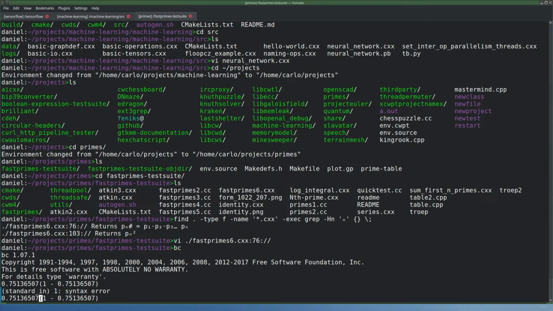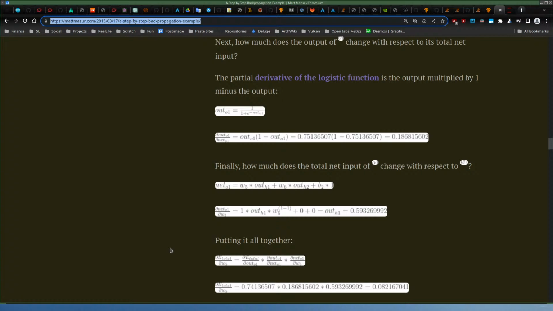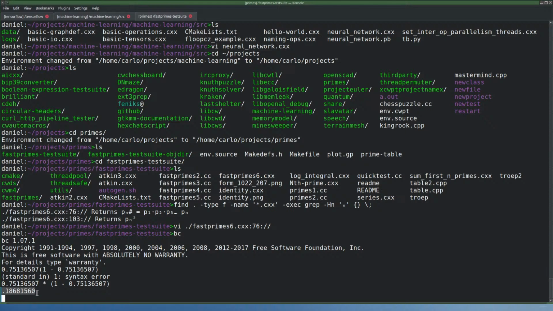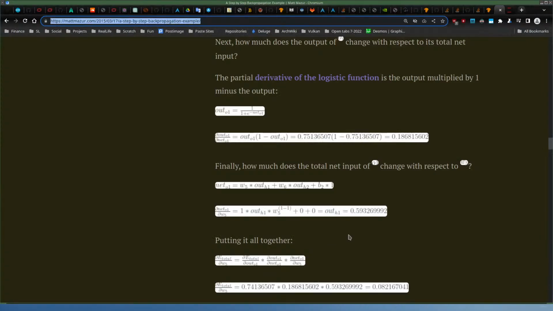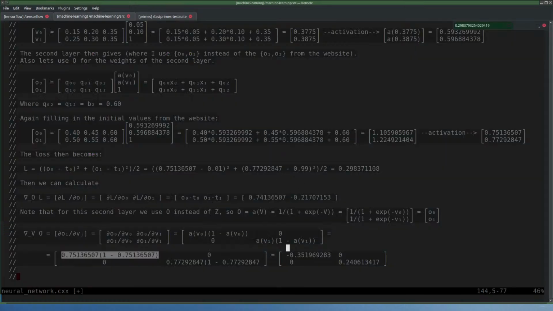What about multiplication with BC? Yep. Way easier. Which is this number, 6815602. So I should increase the precision, I guess. And then the other one becomes that. Ooh, something missing here.